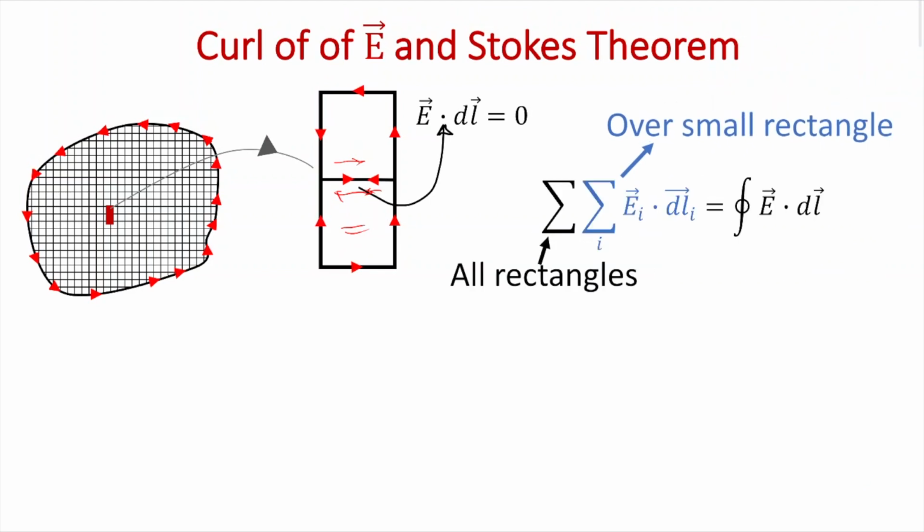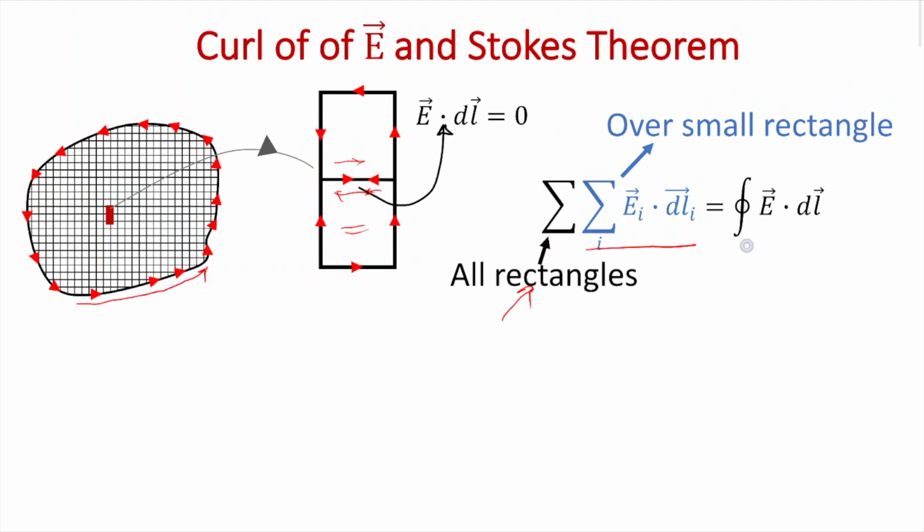So essentially what we can do is calculate the E dot dl for all of the small rectangles, and then add all of the rectangles, and what we get is the E dot dl from the whole boundary here, this boundary.